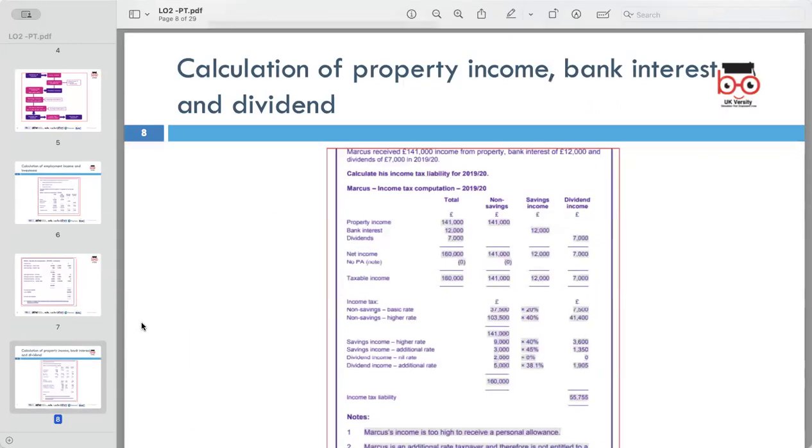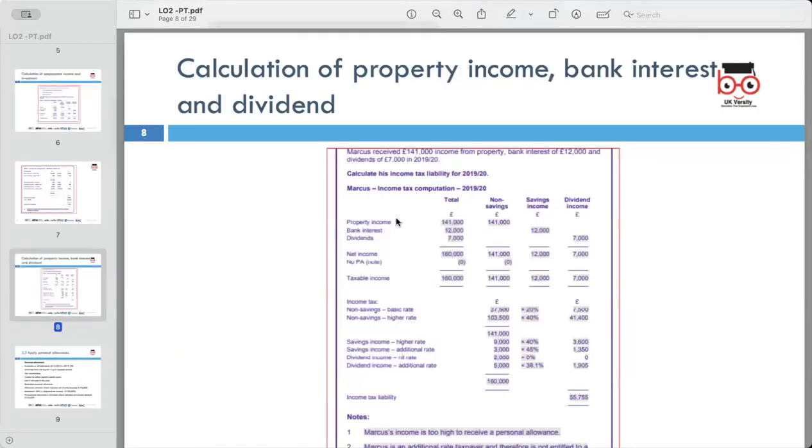So calculation of property income, bank interest, and dividends. Here is another example: Marcus received 141,000 pounds income from property, bank interest of 12,000 pounds, and dividends of 7,000 pounds in 2019 and 20. Marcus' income tax liability for the tax year 19/20 is calculated based on his property income, bank interest, and dividend income.